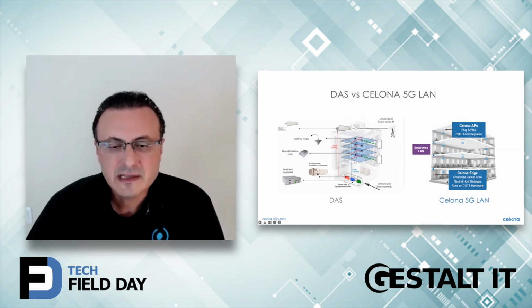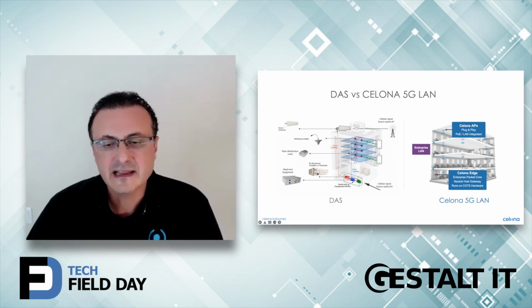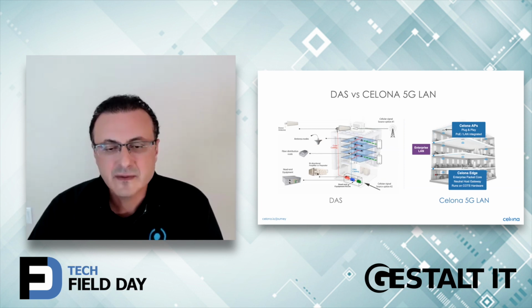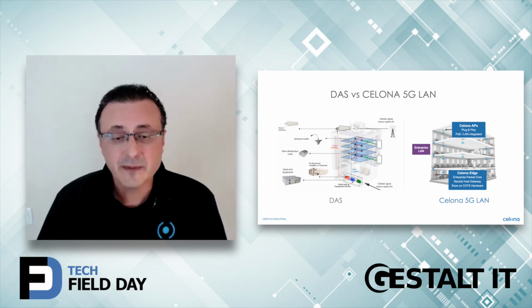On the right, I'm basically showing the Celona 5G LAN architecture, which is a much simpler architecture. And of course, first of all, for the 5G LAN, you typically have a private spectrum such as CBRS that's free of charge. And then the simple architecture is such that the APs are integrated with the LAN infrastructure. They are connected directly to the switches that exist inside the building. And the other key benefit is each AP creates additional capacity.